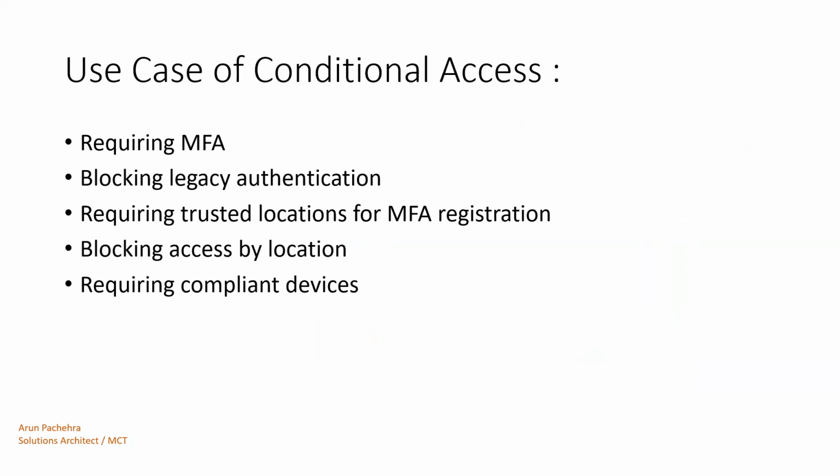Or blocking legacy authentication, requiring a trusted location for MFA registration, blocking access by location. Maybe some locations are not allowed, or it won't accept people accessing a certain application from that location. Requiring a compliant device. Maybe you're using a mobile phone that needs to be compliant in Intune, only then would it be allowed. Things like that.